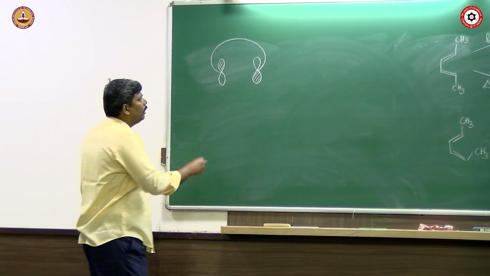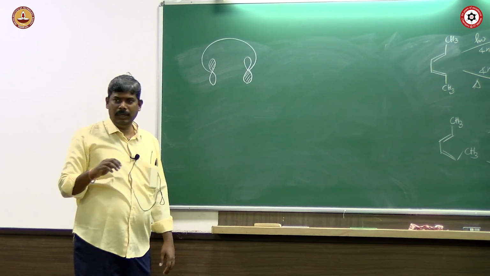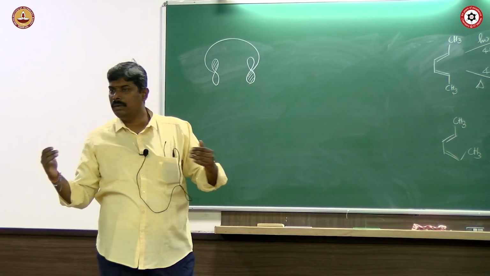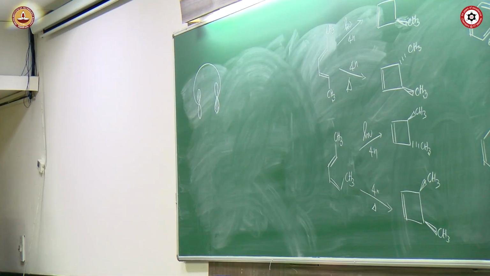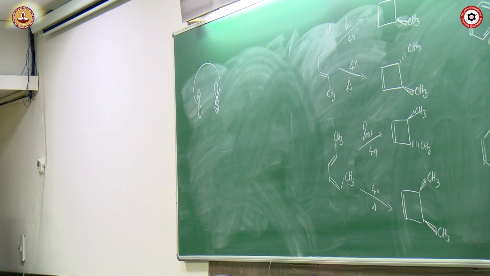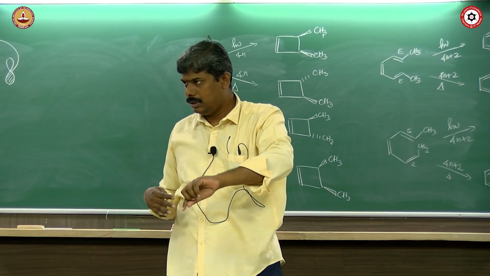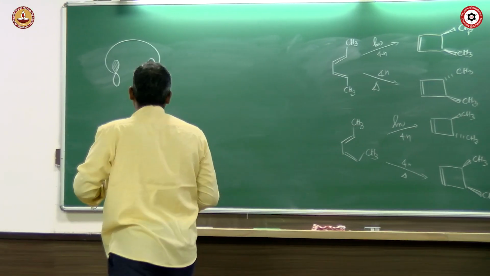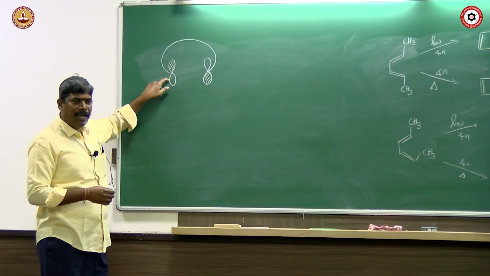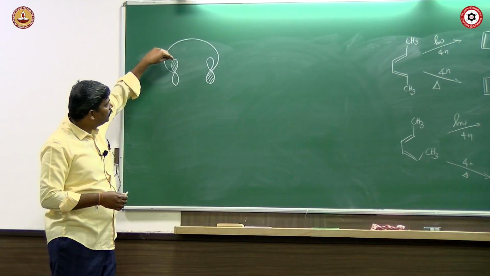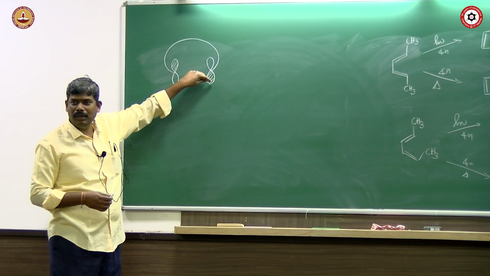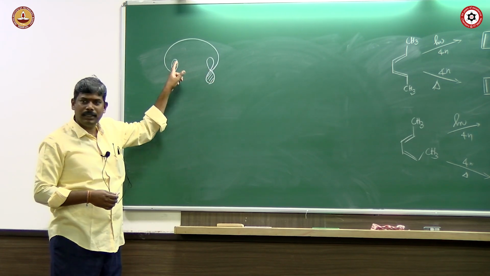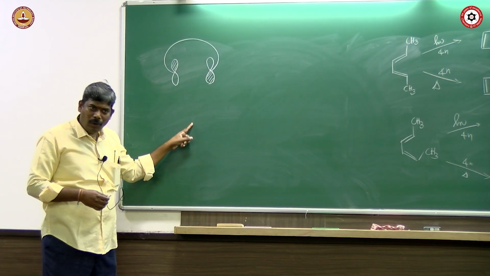If you know that in a molecular orbital, for the interacting orbitals, the sign of the coefficient has to be the same. Then only you will have bonding. If it's opposite, you will have a node, isn't it? Which means if the terminal lobes are like this, if it has to form a bond, you consider this is plus and this is plus, these two have to interact to form a bond. If these two interact, then there will be a node, so there won't be any bonding.